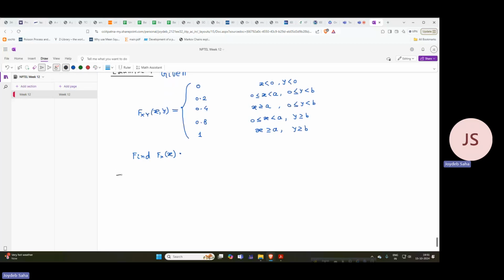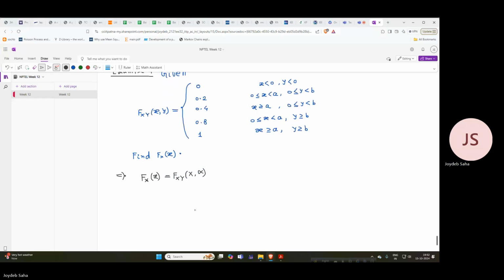So let us try to find it step by step. What is capital F of x? Capital F of x is nothing but capital F of x comma infinity, the y value is infinity, right?